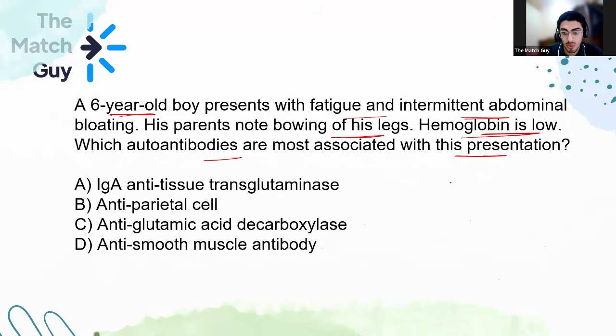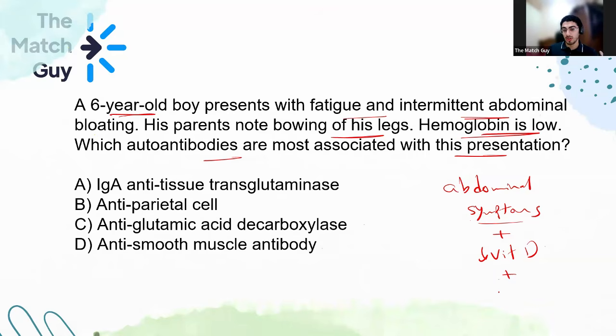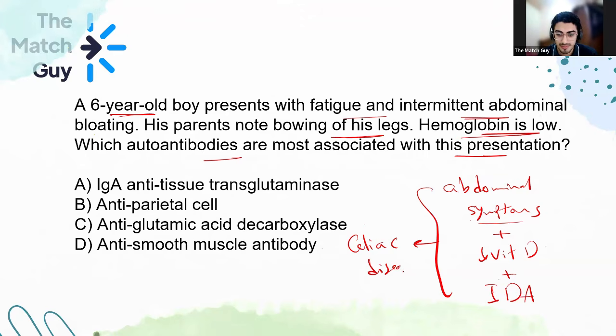Okay, so we have a young boy presenting with abdominal symptoms, which is the bloating, plus bowing of the legs, which points towards vitamin D deficiency, and also hemoglobin is low, which points towards iron deficiency anemia. So all of this points toward a condition called celiac disease.